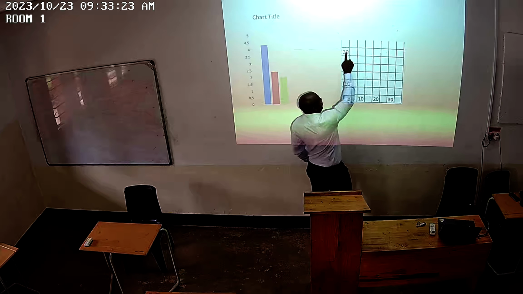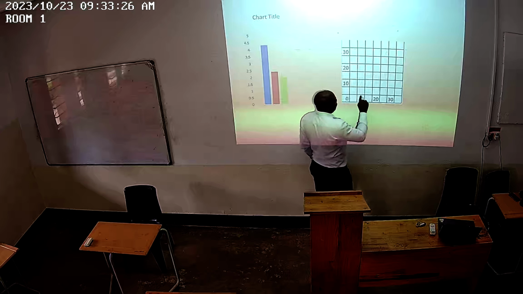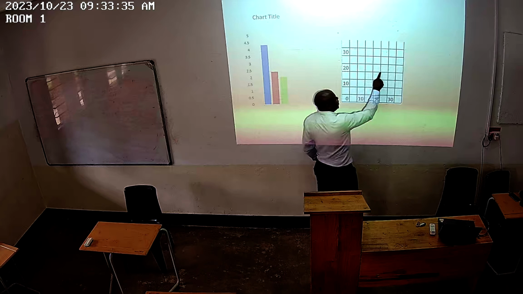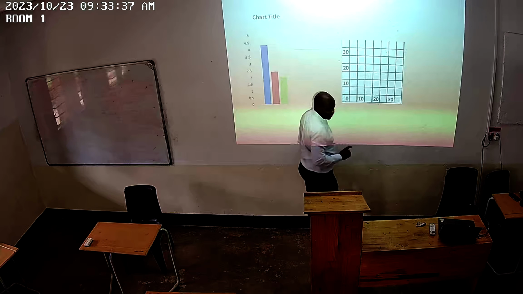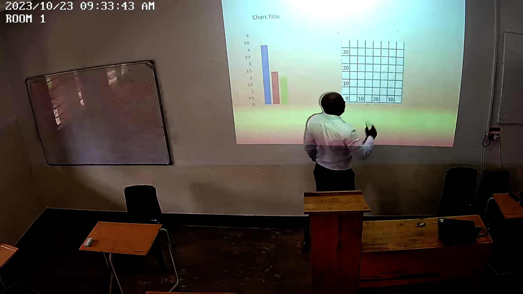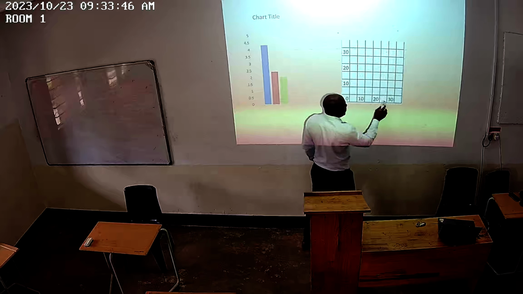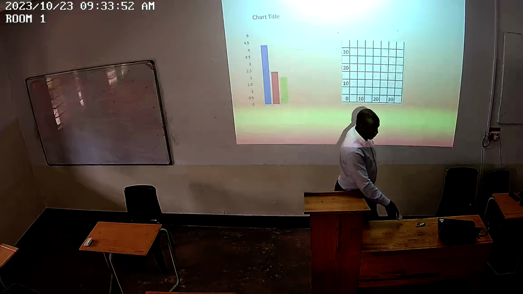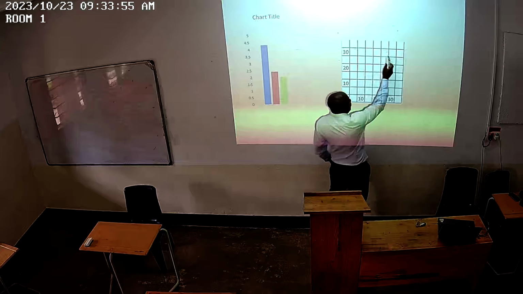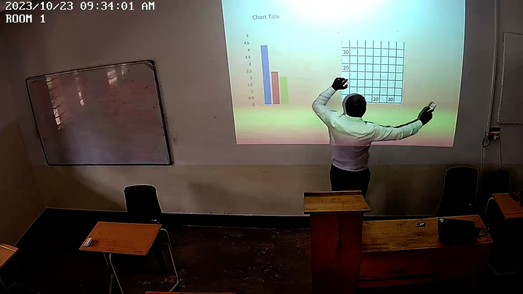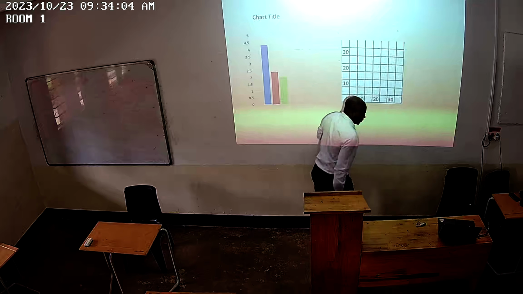So on day 10, you had 5 absentees. On day number 20, how many? 20 absentees. So that line is going like this. Where it is dropping, it means as the days continue, the absenteeism is dropping. You get it? So our graph is like this.